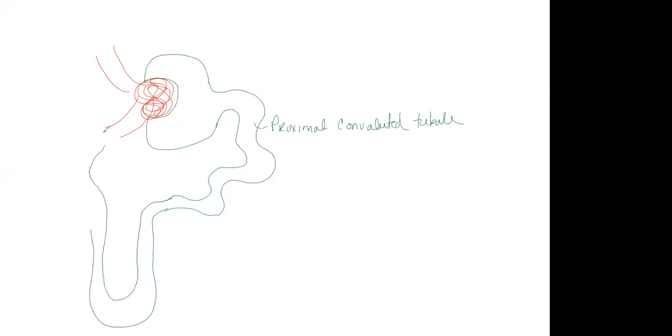All right, because this is closest to the point of attachment, this is still the proximal convoluted tubule. And then what it does is it loops down like this.